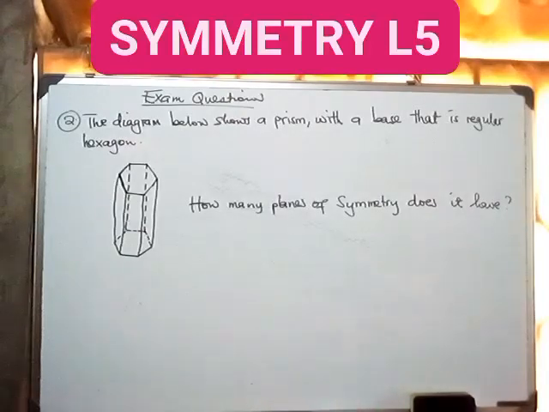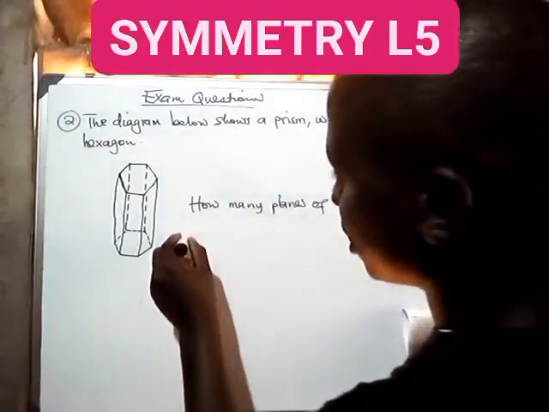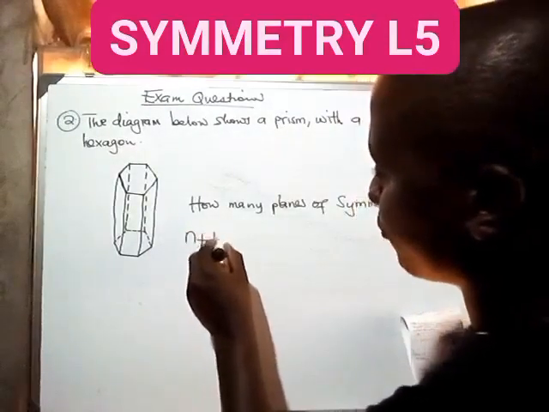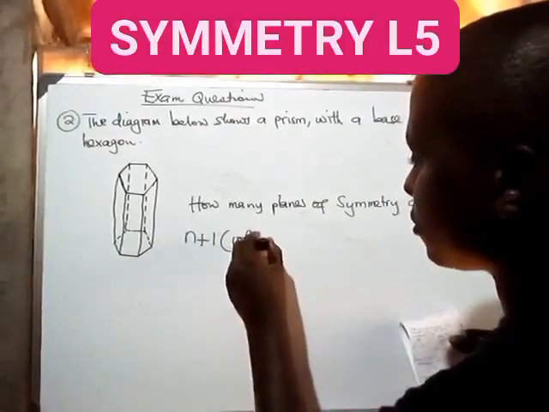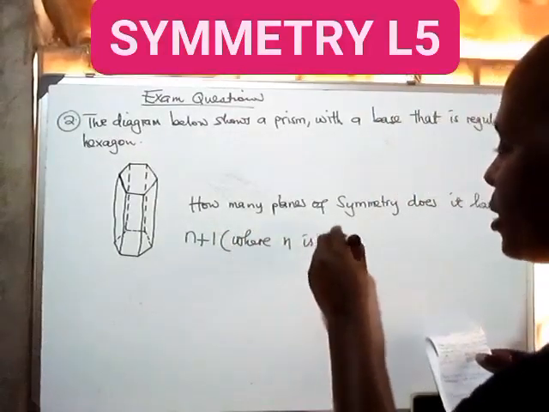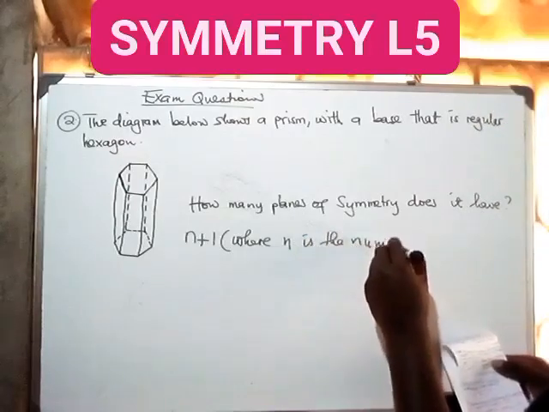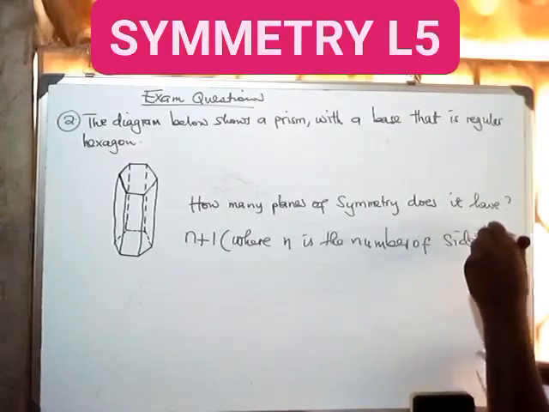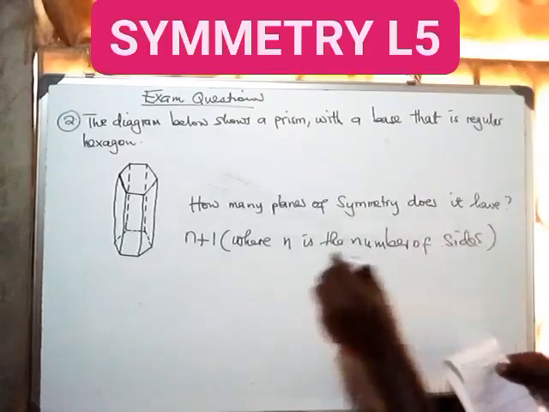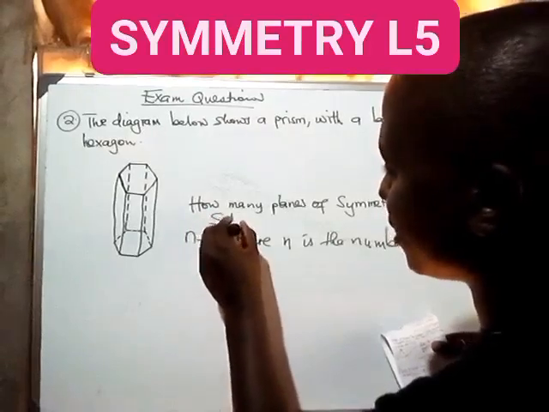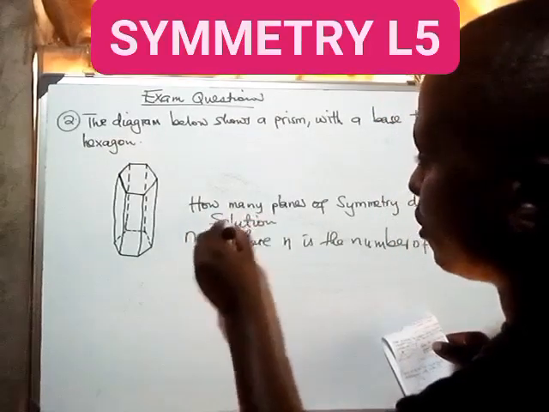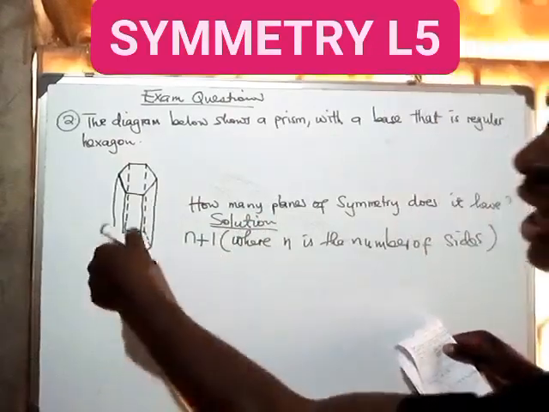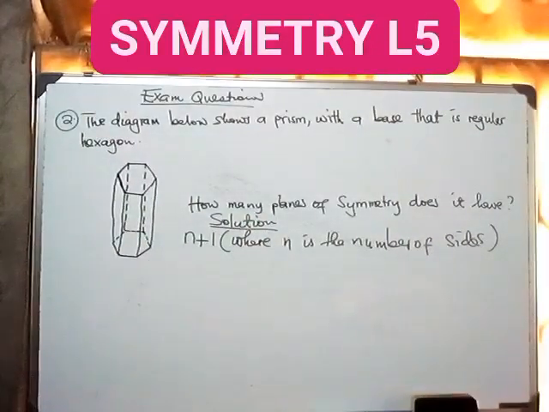To find the planes of symmetry, we say n plus 1, where n stands for the number of sides of the base.